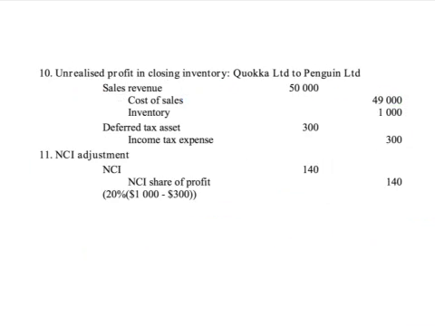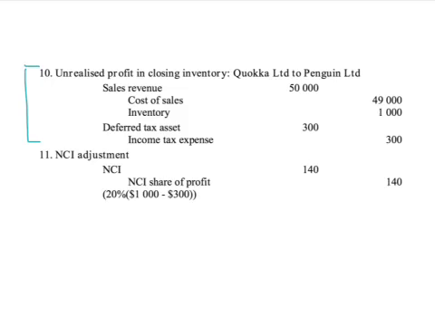Let's look at the unrealized profit in closing inventory. So this is our inventory that was sold by the subsidiary to the parent company in the current year. Once again, you should be familiar with the normal consolidation adjustment to reverse that unrealized profit from this transaction.